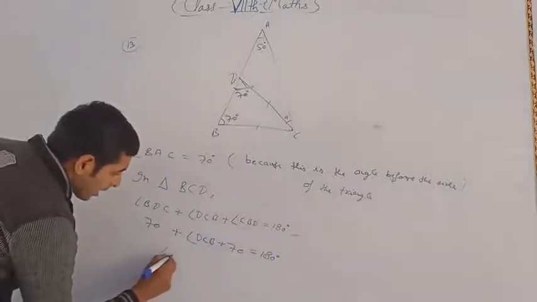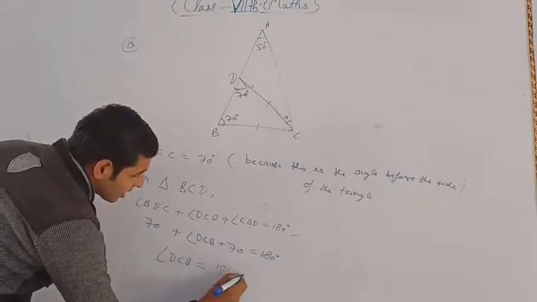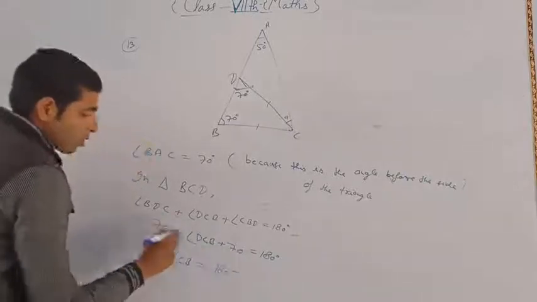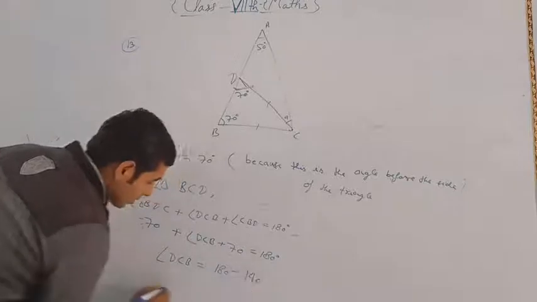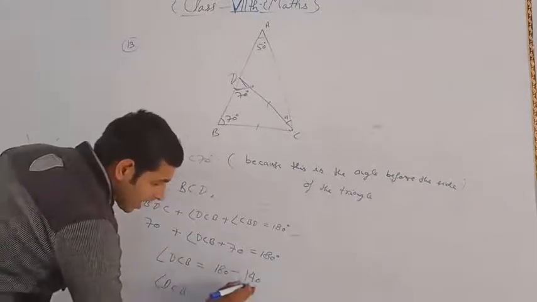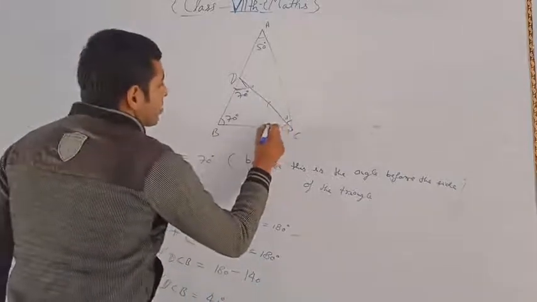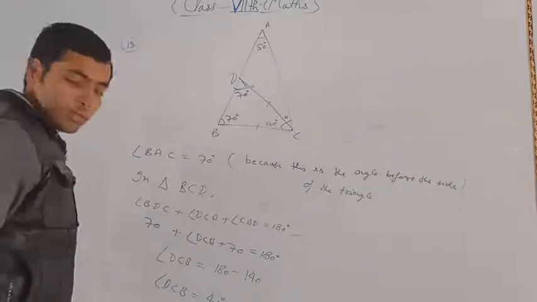From here angle DCB is equal to 180 minus 70 plus 70, that is 140 degrees. So angle DCB is equal to 180 minus 140, which is 40 degrees.